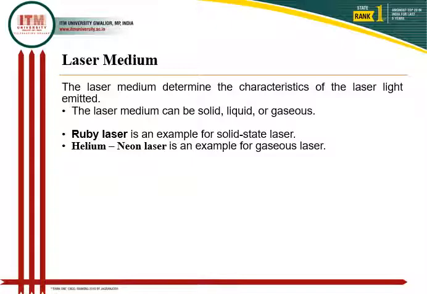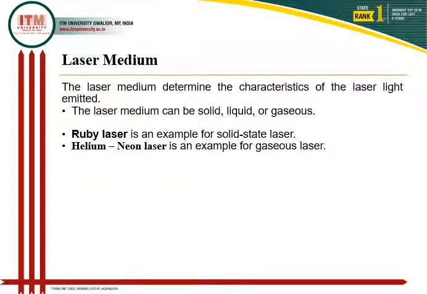However, the ruby laser was the first laser developed, in which we have a ruby crystal, an alumina crystal, with chromium as the active center and alumina as the active medium. In the case of Nd:YAG, neodymium is the active center and YAG, yttrium aluminum garnet, is the active medium.